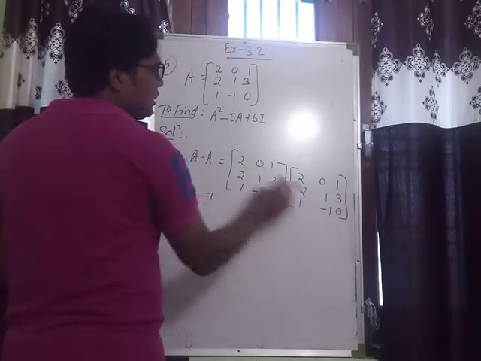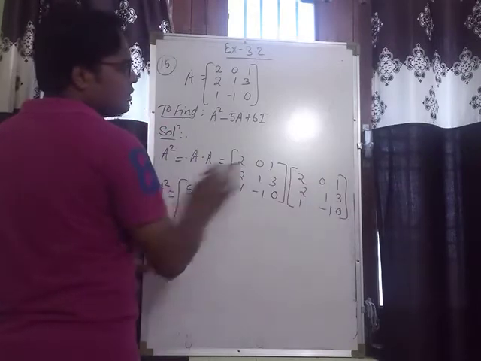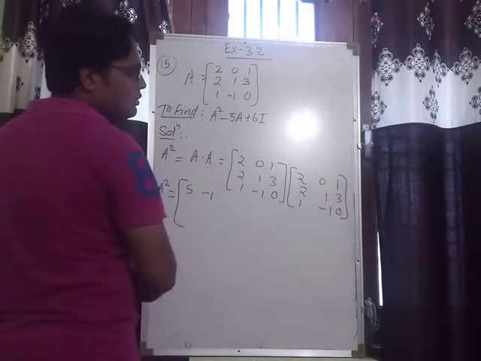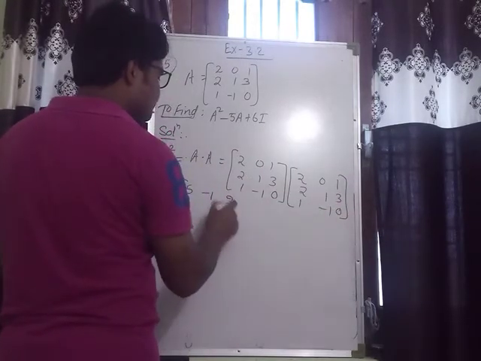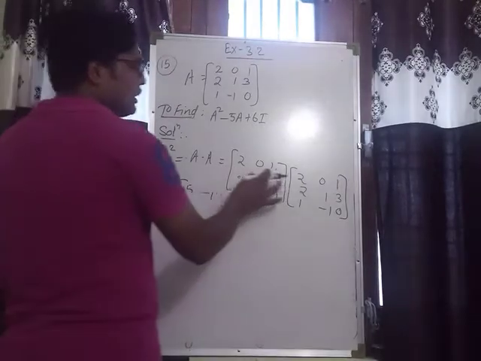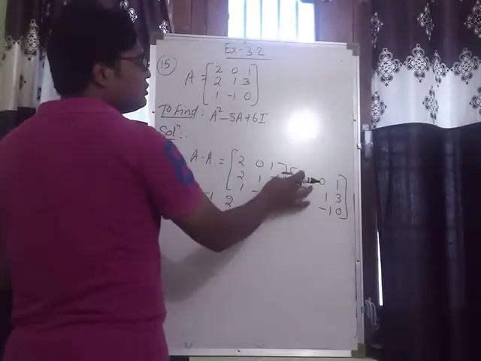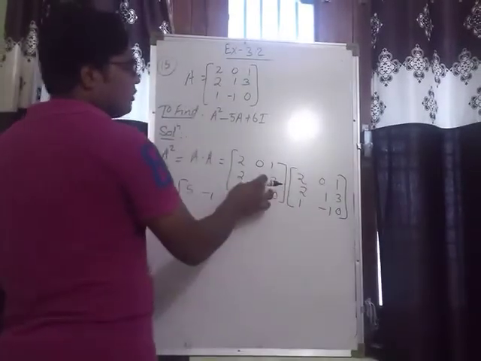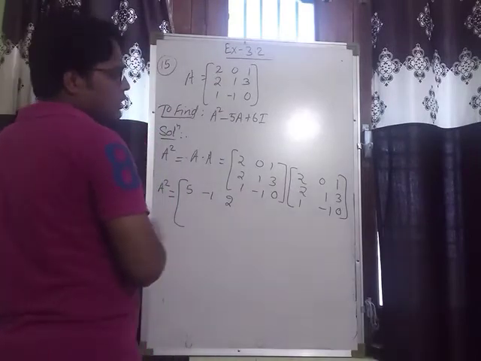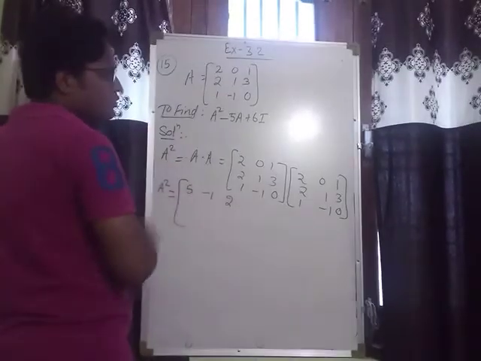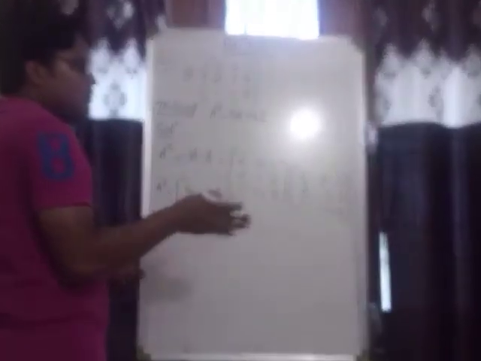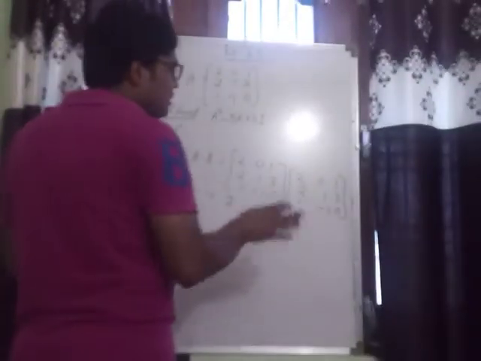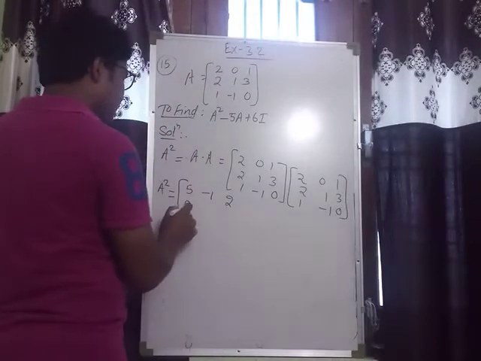Now first row, third column: 2 into 1, 2, plus 0 into 3, 0, plus 1 into 0, 0. So that is 2. Now second row, first column: 2 twos are 4, 1 two is 2, and 3 ones are 3. So 4 plus 2 plus 3, 4 plus 2 is 6, plus 3 is 9.